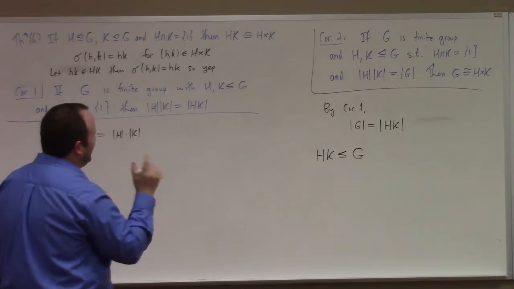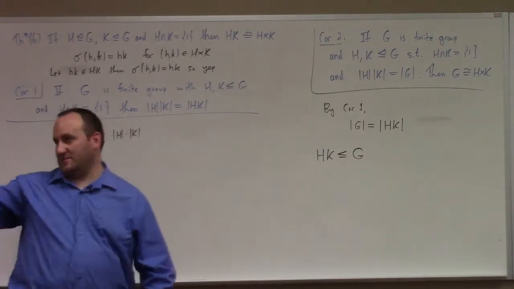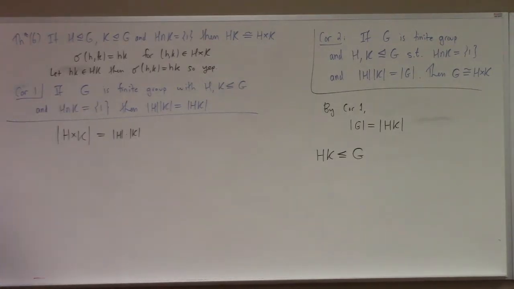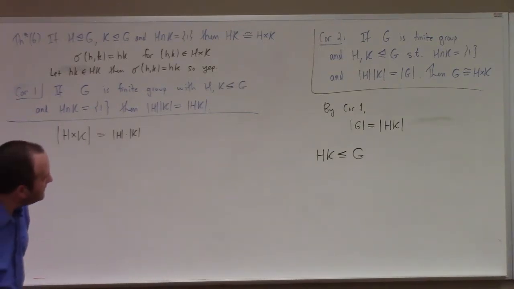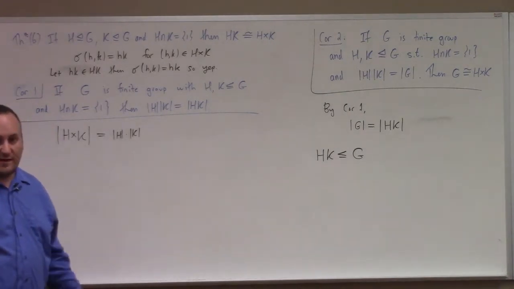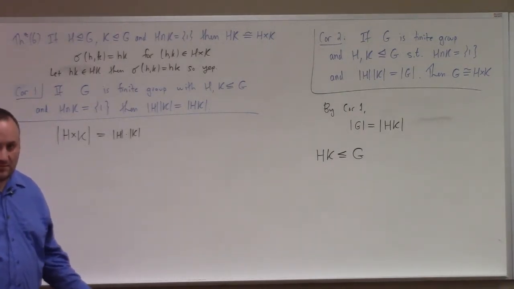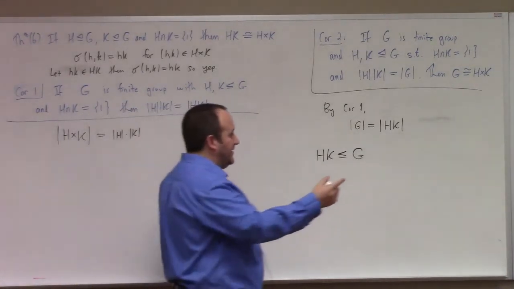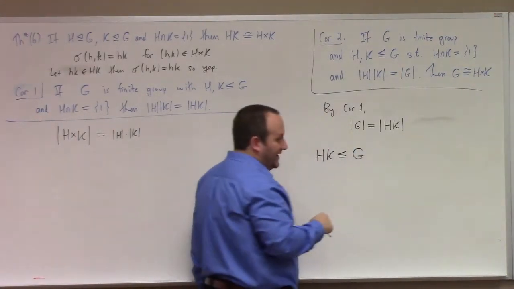How do we know HK is a subgroup? Because of Theorem 5, right? In fact, it's a normal subgroup, given the conditions of corollary 2. HK is a normal subgroup of G. By the counting you already pointed out, the order of G is the order of HK.